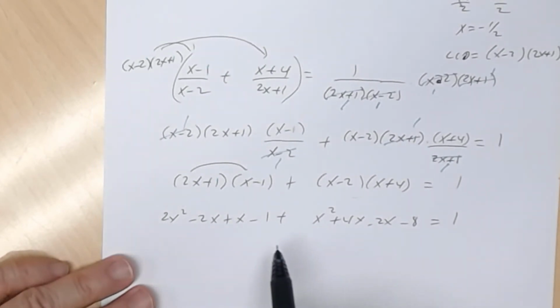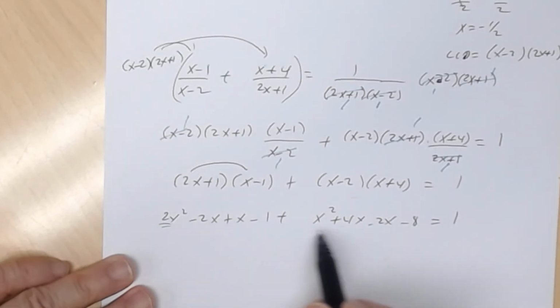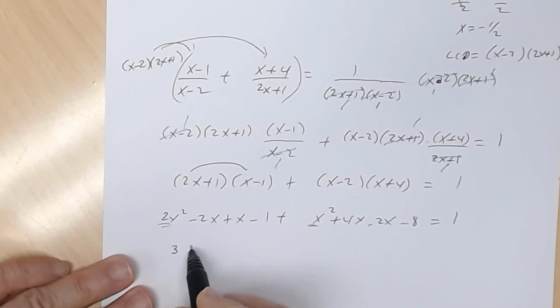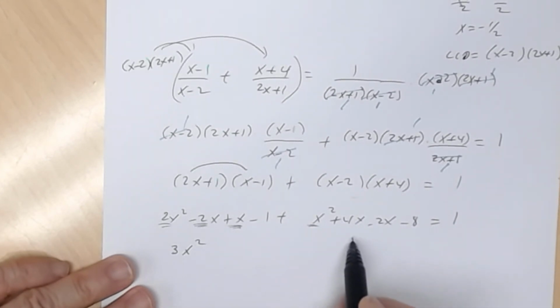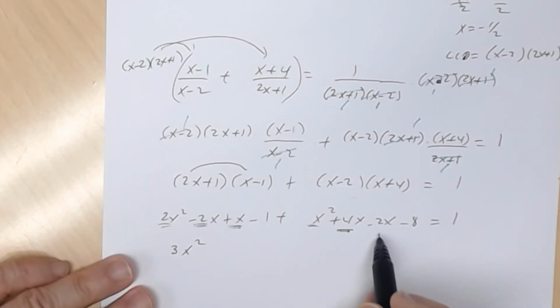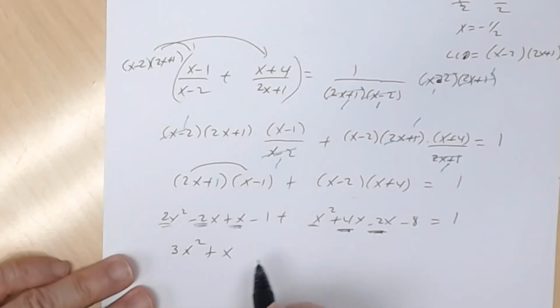All right, combining like terms now. 2x squared and x squared is 3x squared. A negative 2x and a positive x is a negative x. A negative x and 4x is a positive 3x. Okay? 3x and a negative 2x is a positive x. That's plus x. Let's do it again.